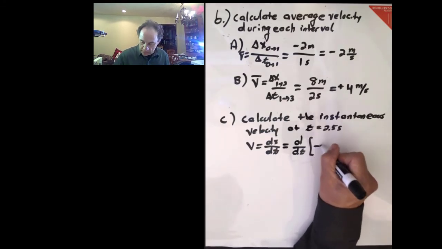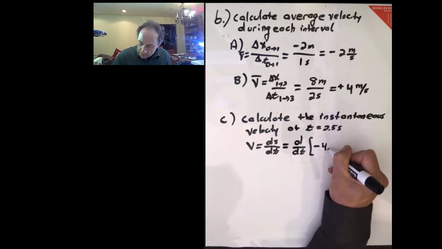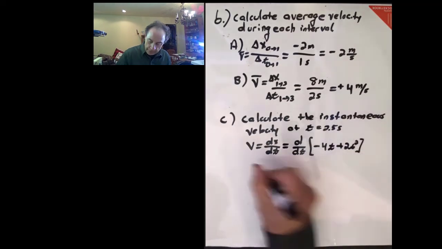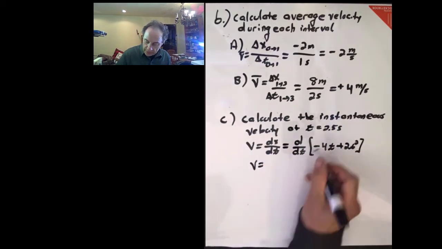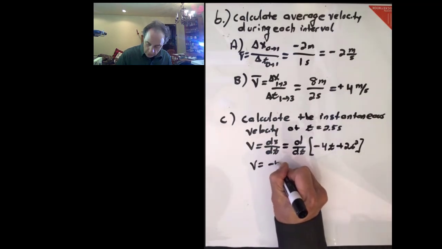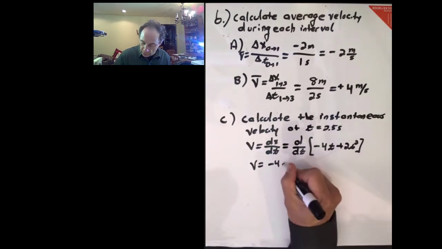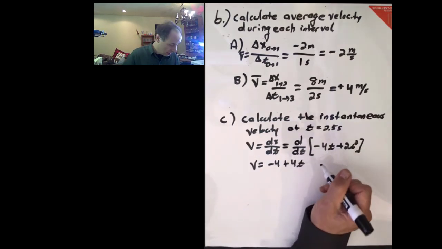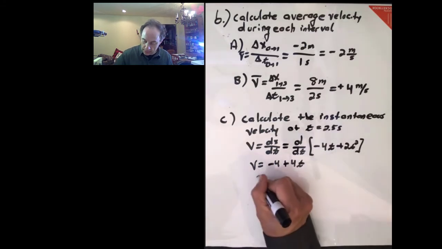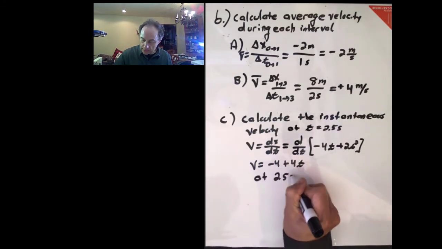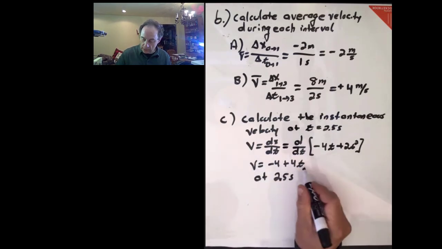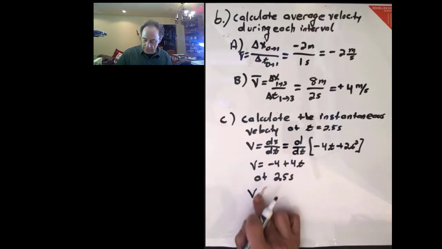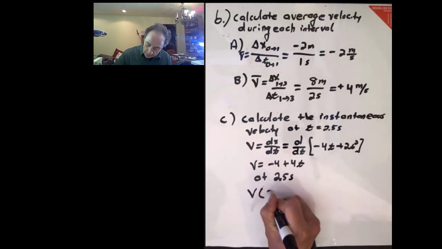So we substitute in minus 4t plus 2t squared, and take the derivative of that, which ends up being minus 4, 2 times 2 is 4, plus 4t. And at 2.5 seconds, you just plug in 2.5 into the t here, and you end up with an instantaneous velocity. And sometimes this is written like this.